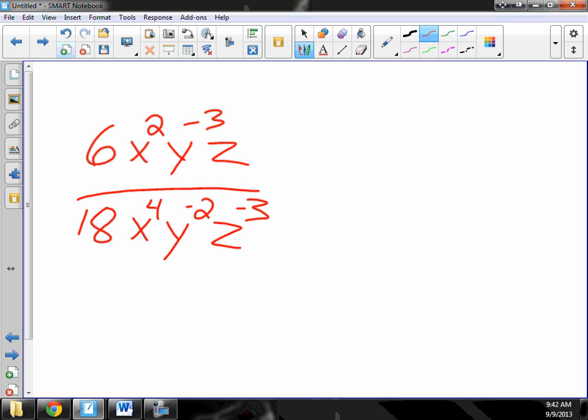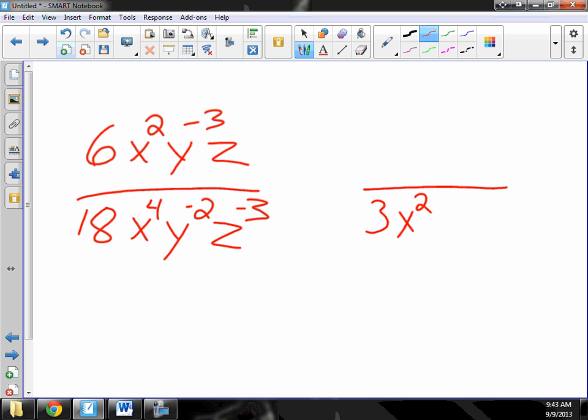How do I simplify this? So the numbers are easy. 1 over 3. And I might need the 1, I might not. We'll see. How about my x's? So they fight it out. The 2 on top cancel 2 of them on bottom, and I end up with x squared in the denominator.